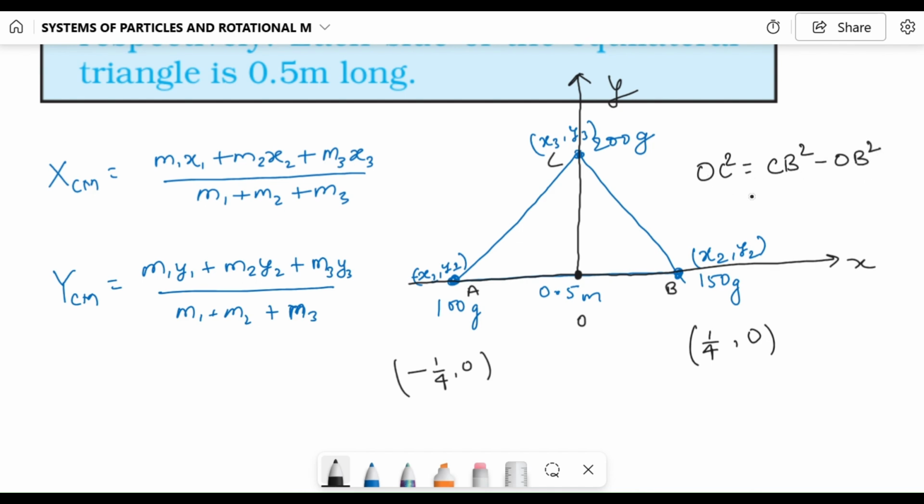Then CB square is 0.5 square, or we can write 1 by 2 whole square, minus this one which is 1 by 4, so 1 by 4 whole square.